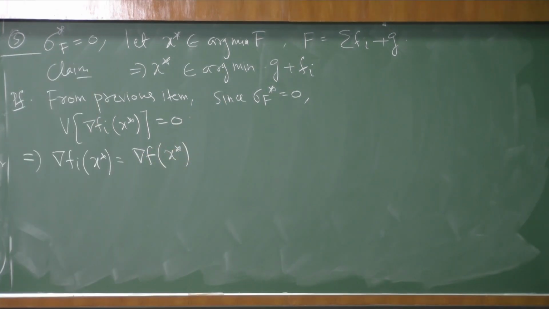So that makes sense or not? That makes sense, right? Because the variance is the expectation of grad fi minus grad f, whole square, and we are saying that this is equal to 0. So each of these will be equal, right?